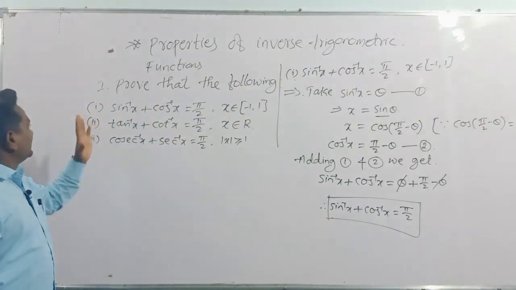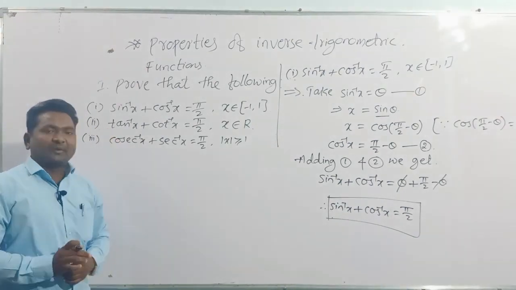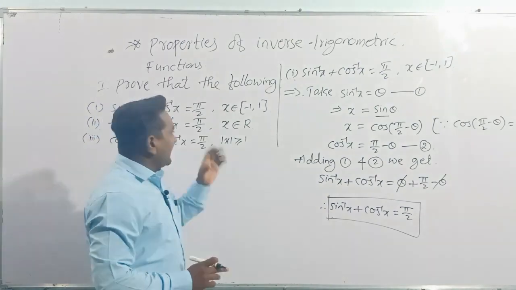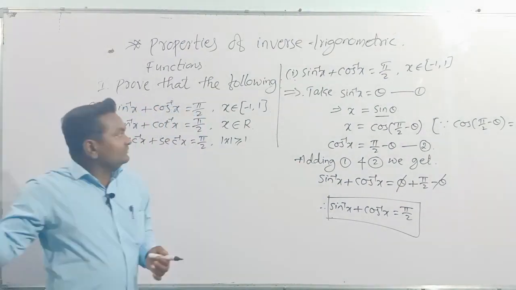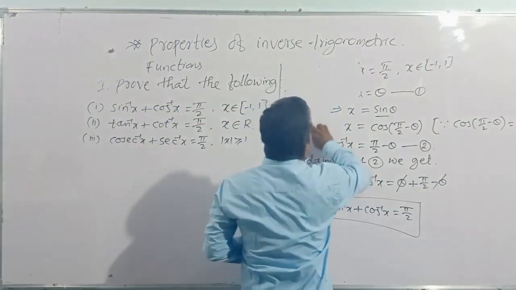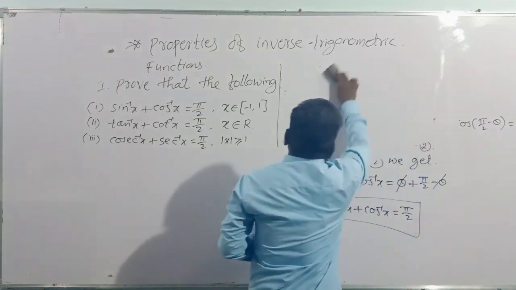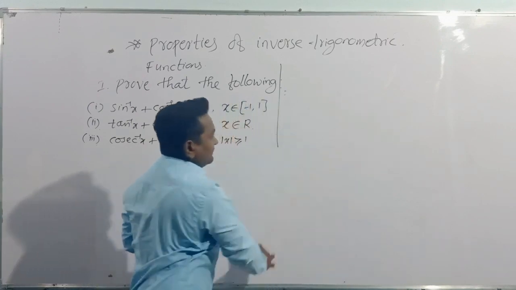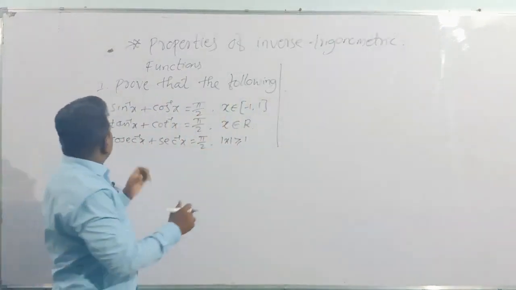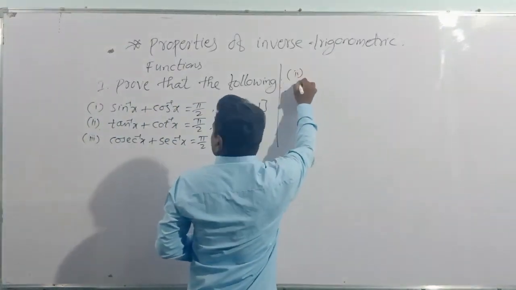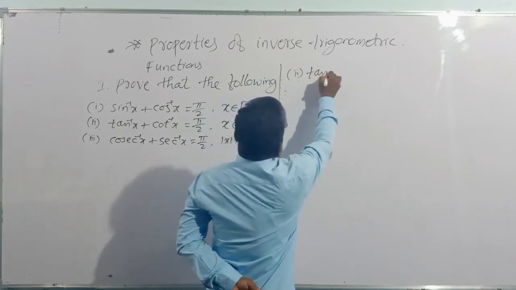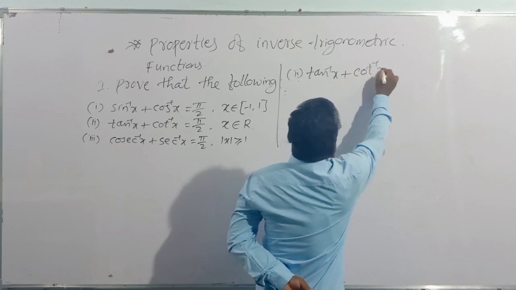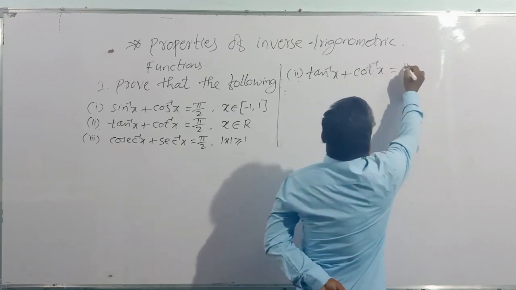Now same case, let us we have to prove the second property, that is tan inverse x plus cot inverse x equal to pi by 2. Write down second property, tan inverse x plus cot inverse x equal to pi by 2.